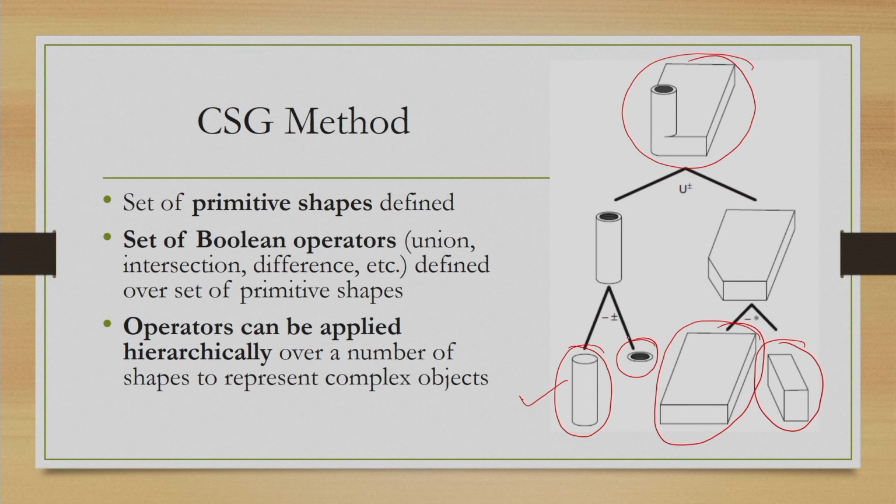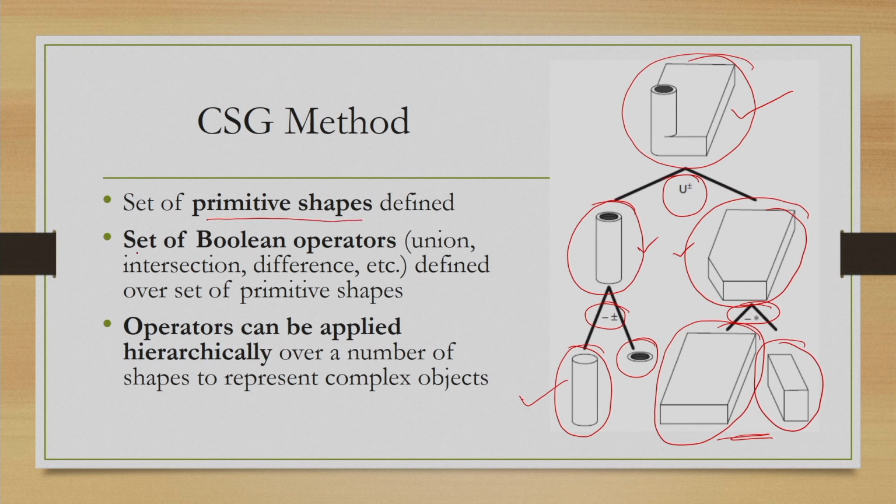Now, we combine these 2 shapes to get one shape, and we combine these 2 shapes here to get this shape. Then these 2 shapes are further combined to get this overall shape. So, here we start with a set of primitive or basic shapes.